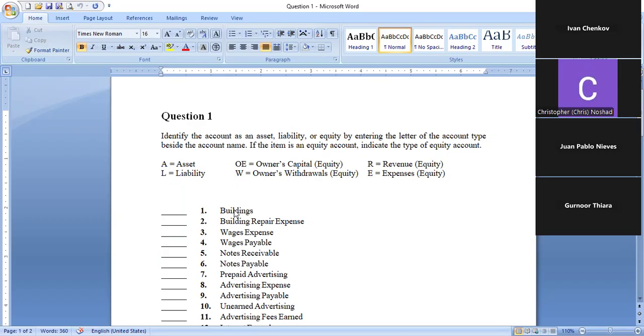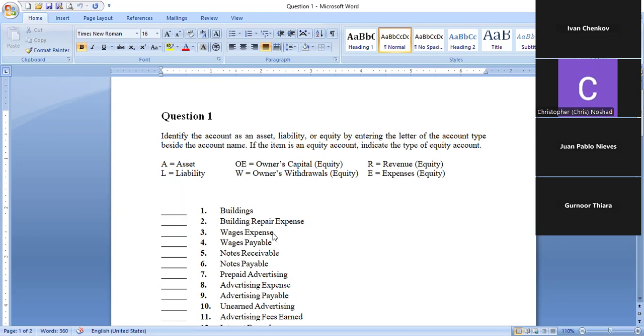Okay, buildings, asset, good. Let's go with building repair expense. Again, every time you see expense. Okay, let's go with the next one.